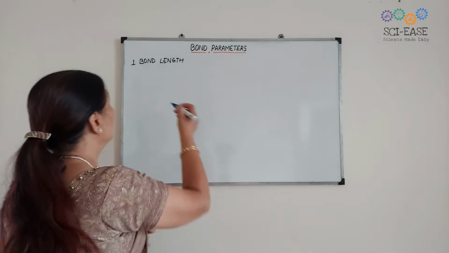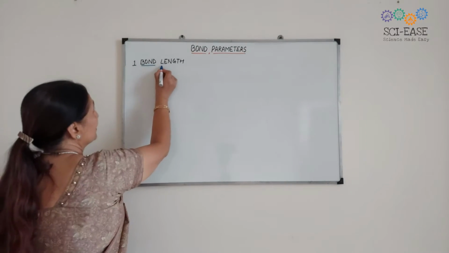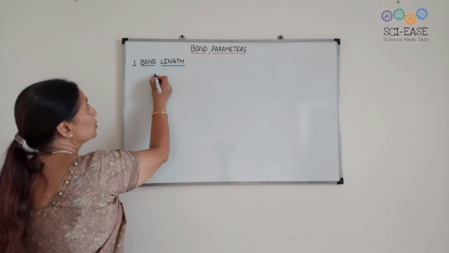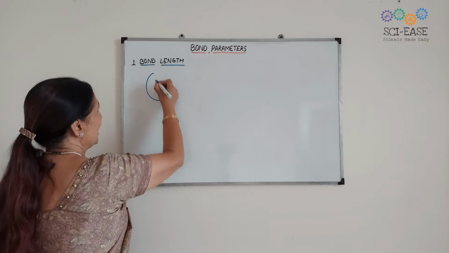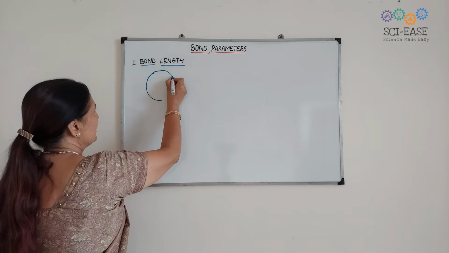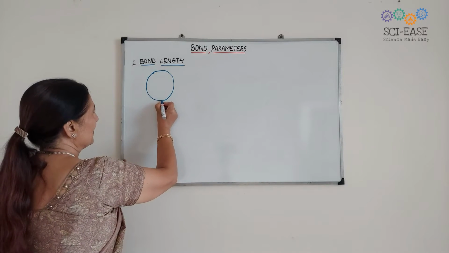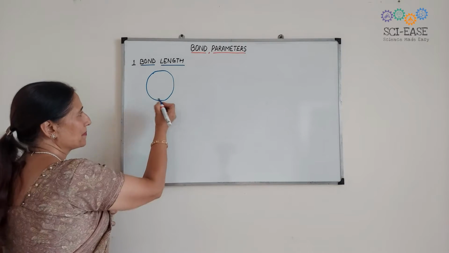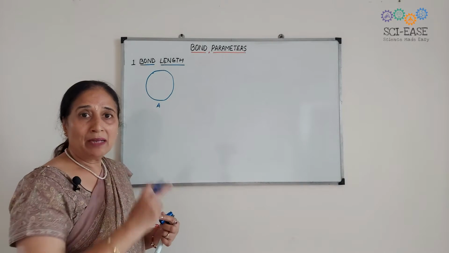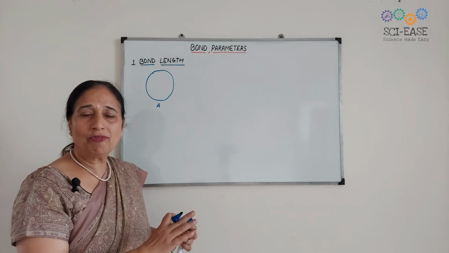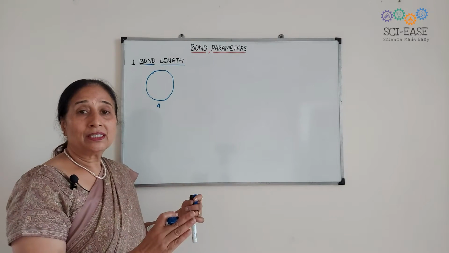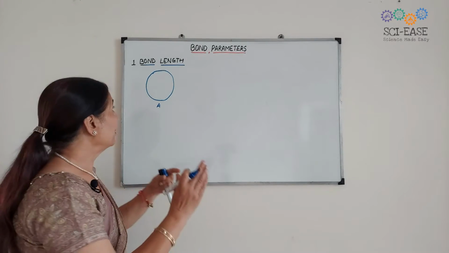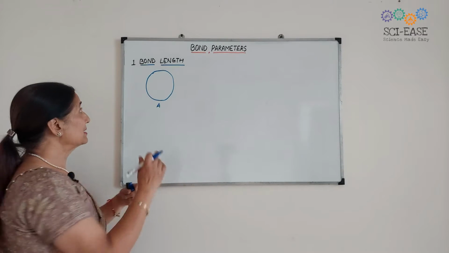Now, when two atoms are close to each other, suppose this is atom A and this is atom A. I am telling you about the covalent bond, where the radius can be measured like this.